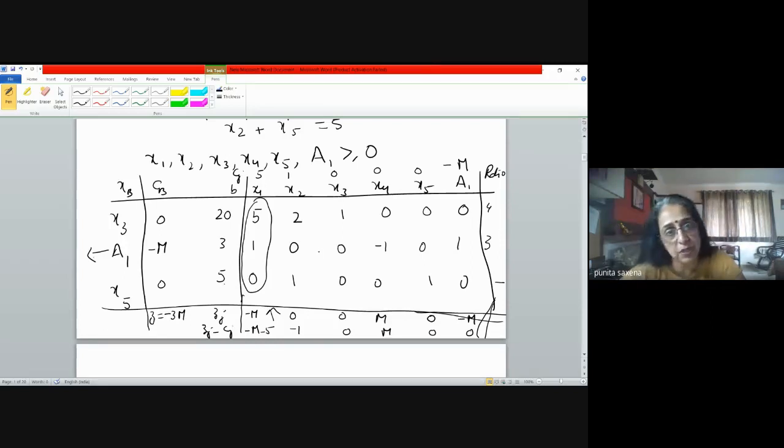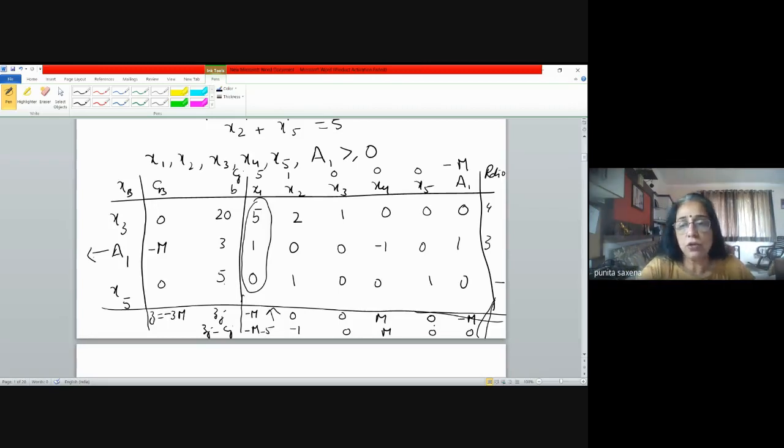So when solving a linear programming problem with either the Big M method or the other method that we will discuss later, we can do away with the column of A1. In our next table we need not consider this column at all, because it will never enter. It goes away forever once it leaves the basis.